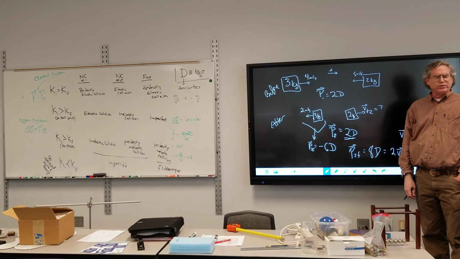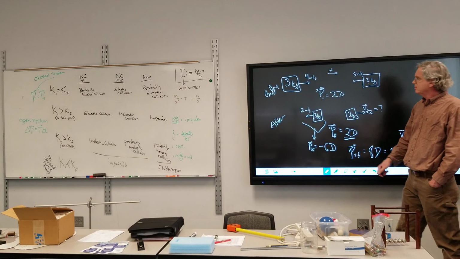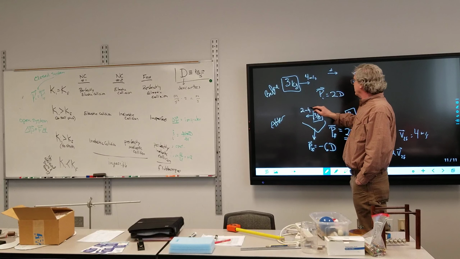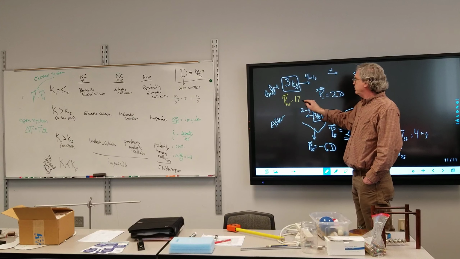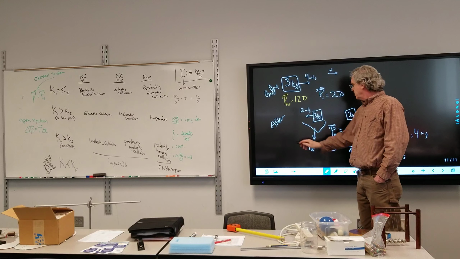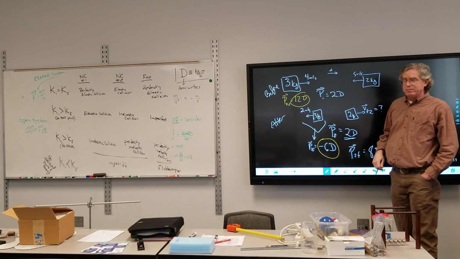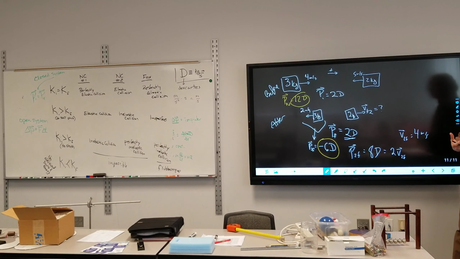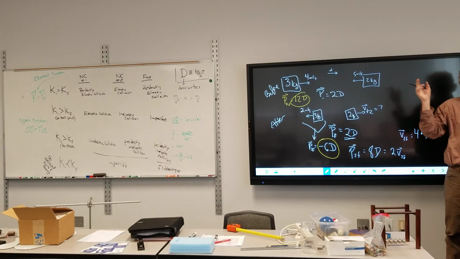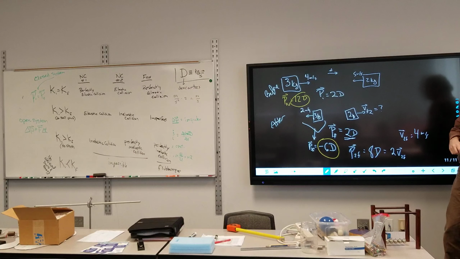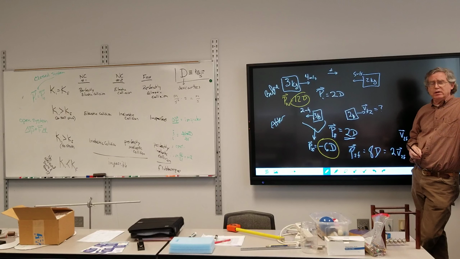Instead of looking at the whole system where momentum is conserved, let's take a look at just the 3 kilogram mass. The momentum of the 3 kilogram mass, P3 initial, was 12 Descartes. P3 final is -6 Descartes. So momentum definitely changes for the 3 kilogram mass. So if I'm looking at just the 3 kilogram mass, it's an open system because it's influenced by something else. What is the impulse imparted to the 3 kilogram mass?